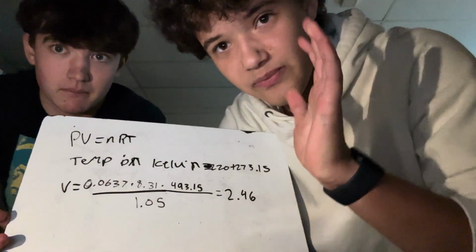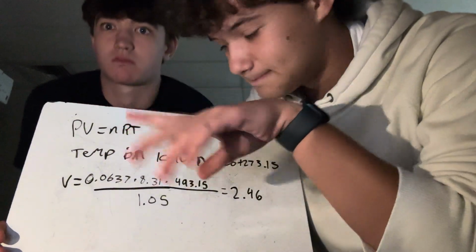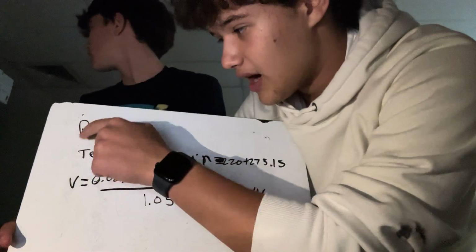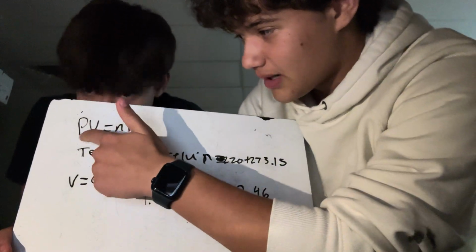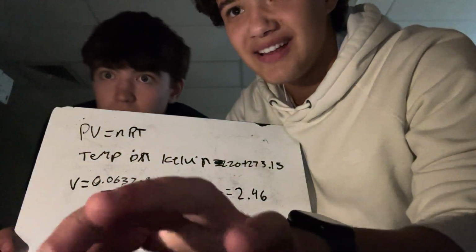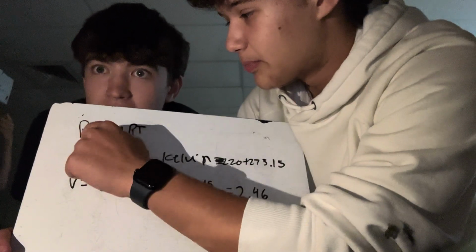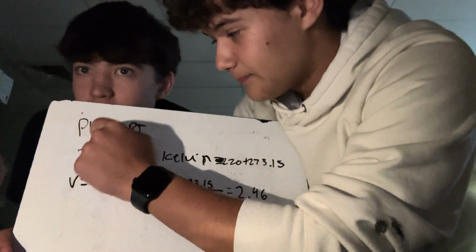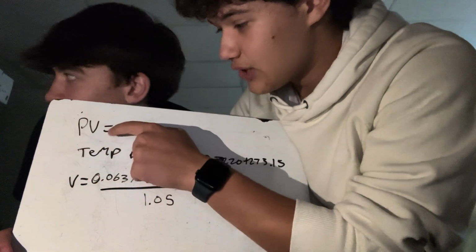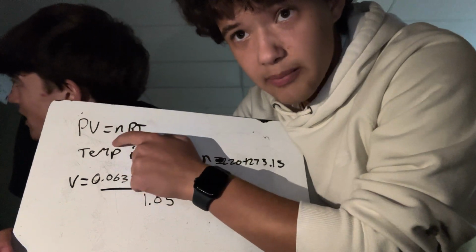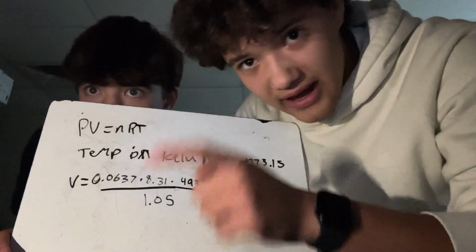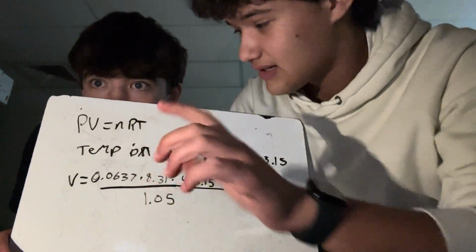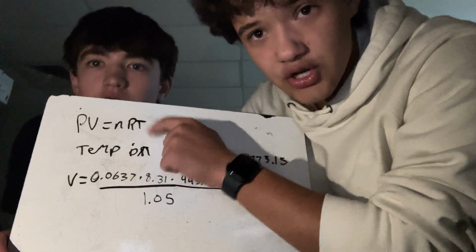If you look at the equations, you're gonna find PV equals nRT, which means the pressure in ATM times V, the volume, equals the number of moles of the water vapor times the ideal gas constant, which is 8.31, which is on the pink sheet, times T, the temperature in Kelvin.